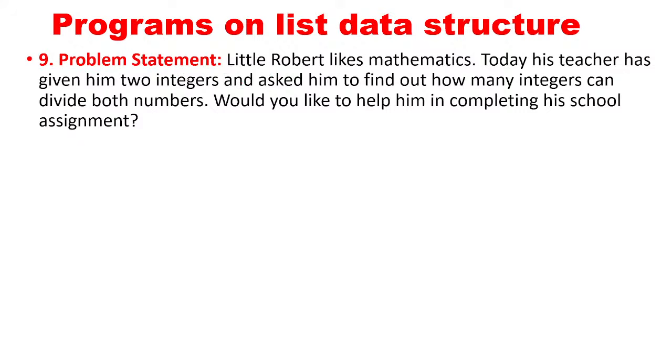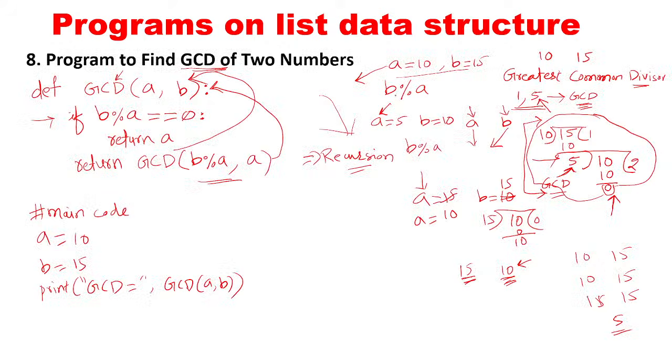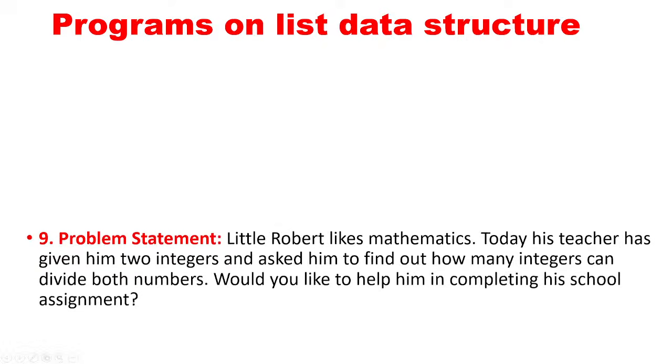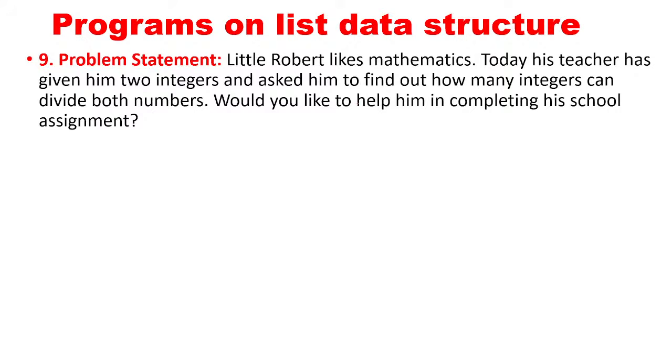The problem statement will be some 6 to 7 lines, even 10 lines. It will not sometimes be asked directly as a single line statement. It is always 5 to 10 lines, and you need to read the problem carefully and understand it.